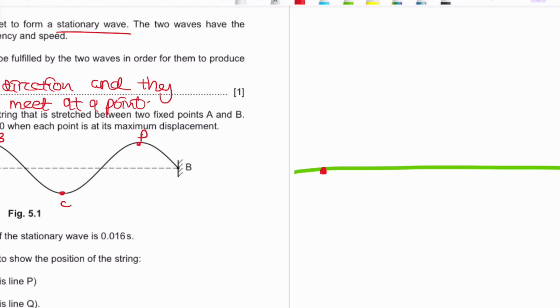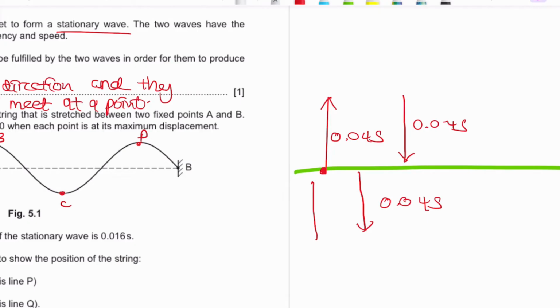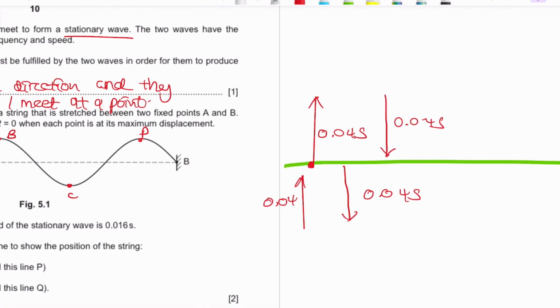If this is your equilibrium position, and your wave moves upwards and reaches a certain point, it's going to take 0.04 seconds. If it moves back down, it can also take 0.04 seconds. If it moves down in the other direction, again it takes 0.04 seconds. If it moves up again, it takes 0.04 seconds. So that is one period.